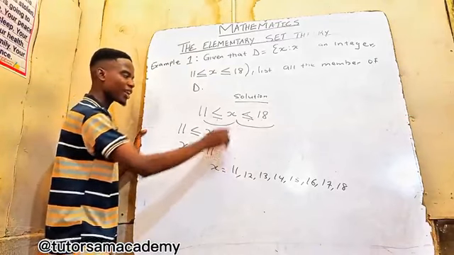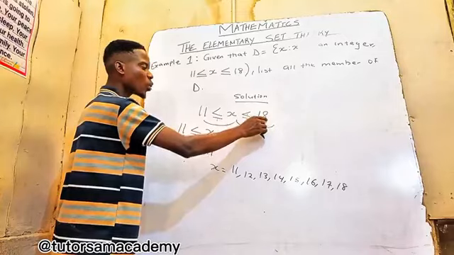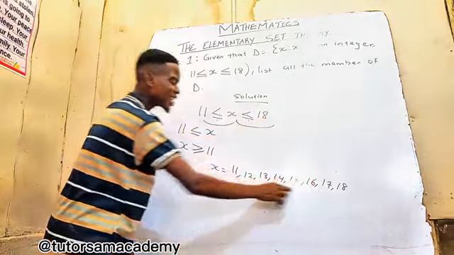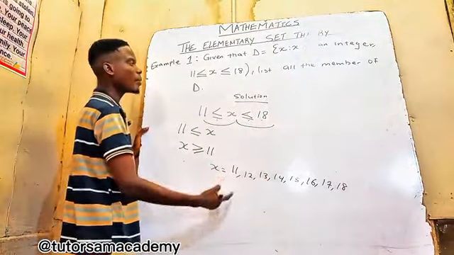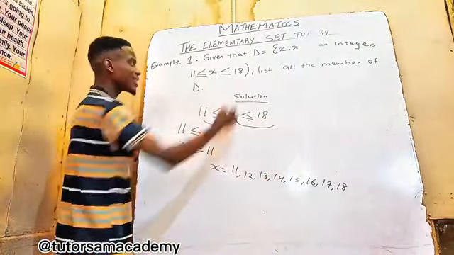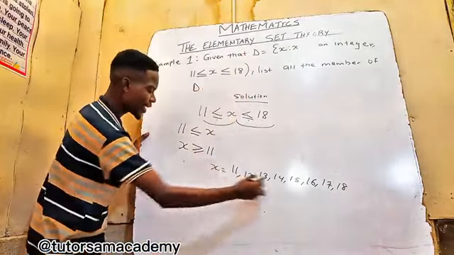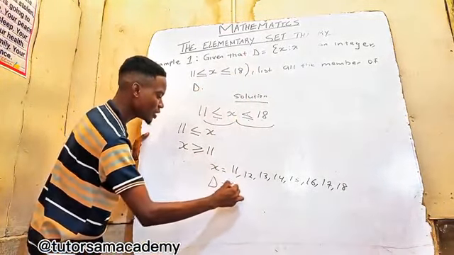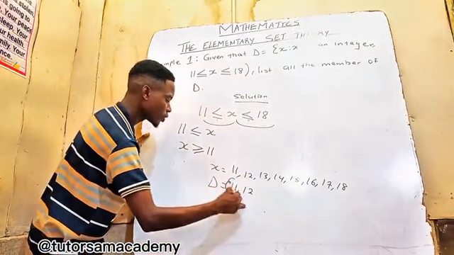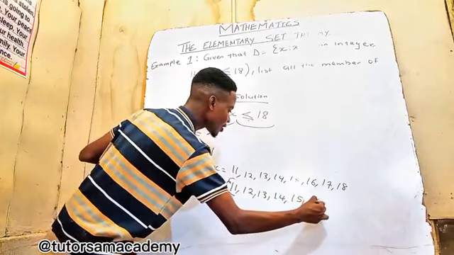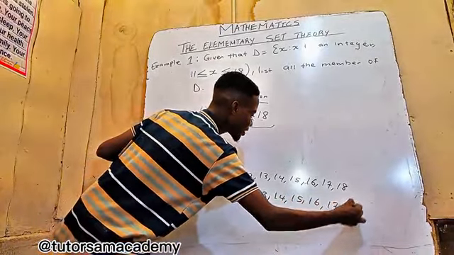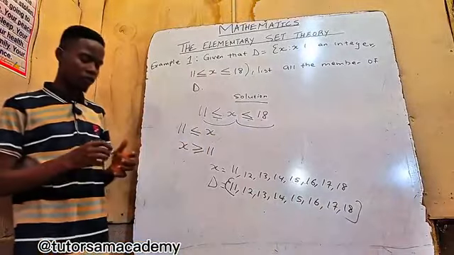And X is also less or equal to 18, that is, it is less than 18 and equal to 18. So this is the members of set D. Since X belongs to D and X is this, D will also be 11, 12, 13, 14, 15, 16, 17, and 18. So these are the members of set D.